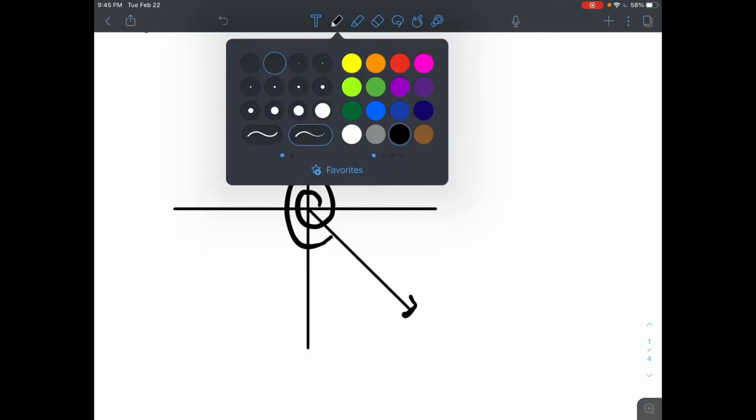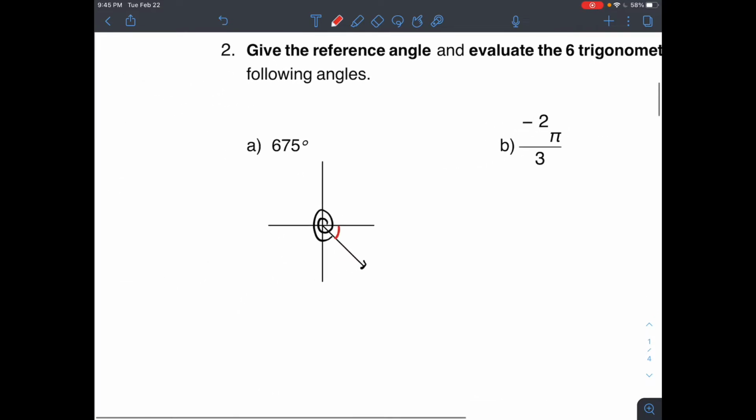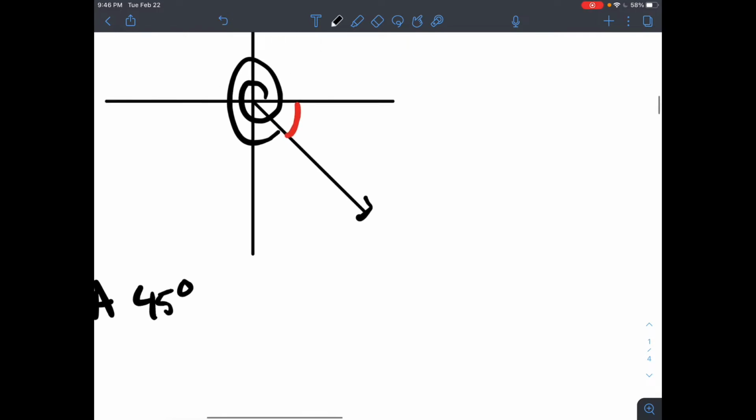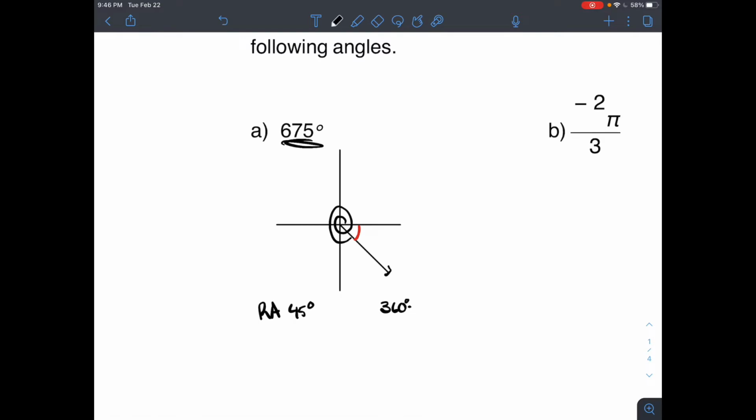And now what our reference angle is, in between the terminal side and the x-axis. So our reference angle is going to be 45 degrees because we are going to get 360 minus our coterminal angle to 675, and that's at 315 is equal to 45.